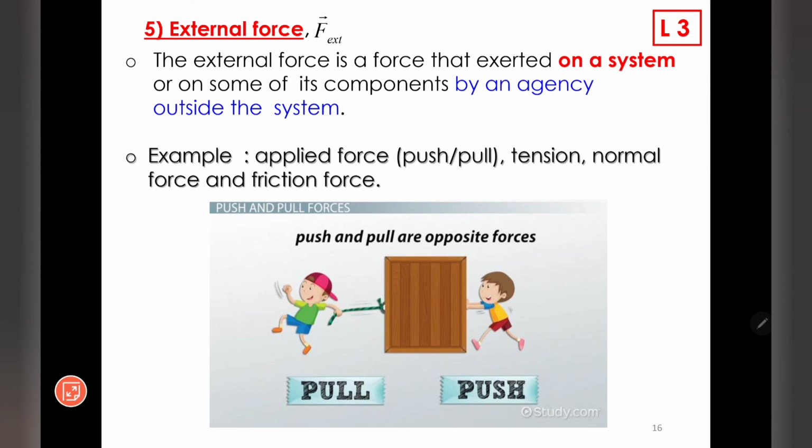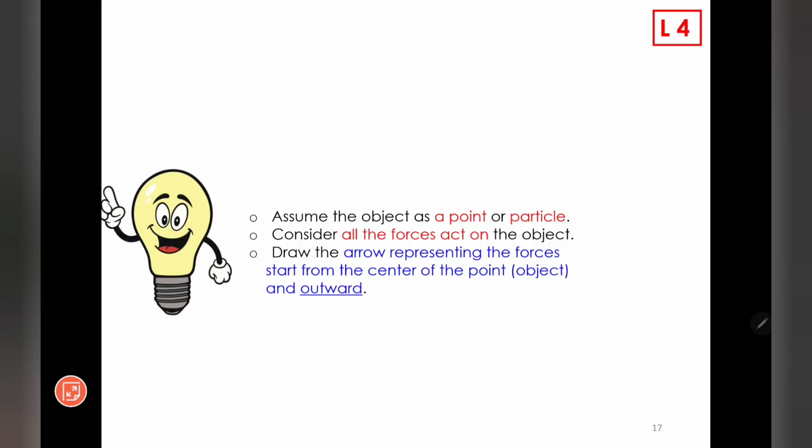It seems like the force just comes from an outsider. Examples are the applied force, which can be a pushing or pulling force, then the tension, the normal force, and the frictional force. So this is an example of our applied force, which is a pushing force and a pulling force.